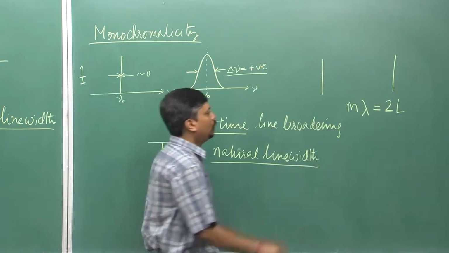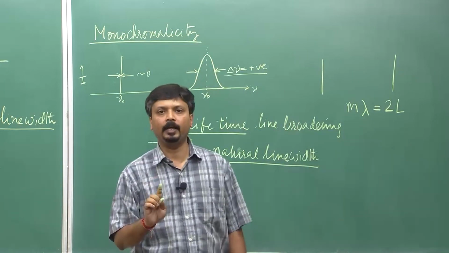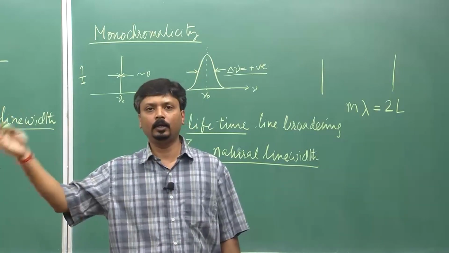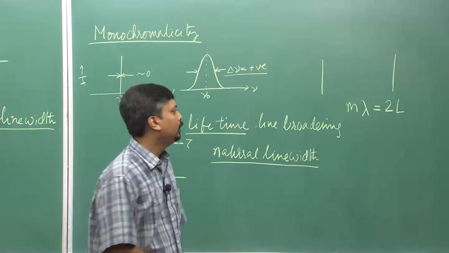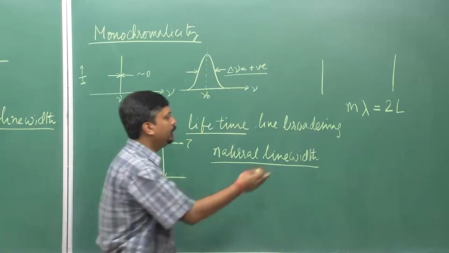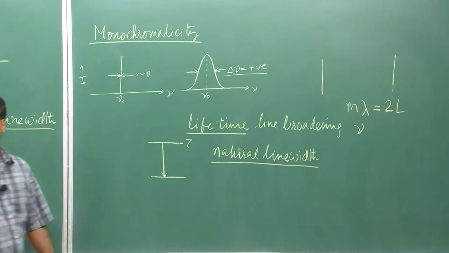So, for different values of m, we get different modes. So, we get first, second, third, fourth, mth, qth, different modes, and the corresponding frequency also we can calculate, right.